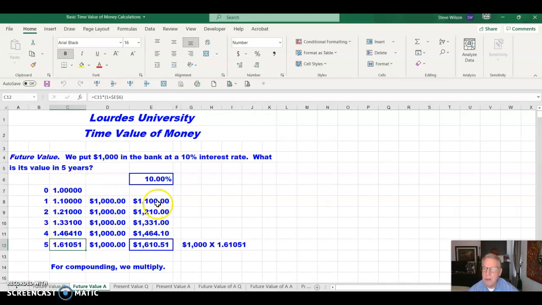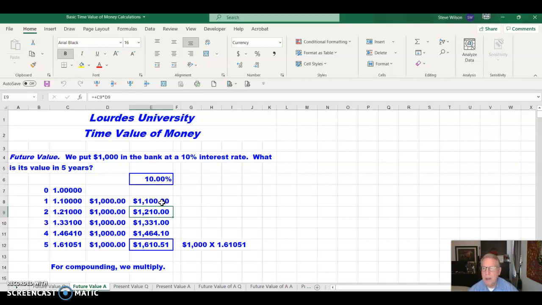Now, no surprise to anybody, how much is $1,000 worth at 10% 1 year from now? Pretty easy. We get our $1,000 plus 10% of that $1,000, and that's $1,100. However, in year 2, we get our $1,000 plus the $100 from year 1 and the $100 from year 2, but it says $1,210 here.